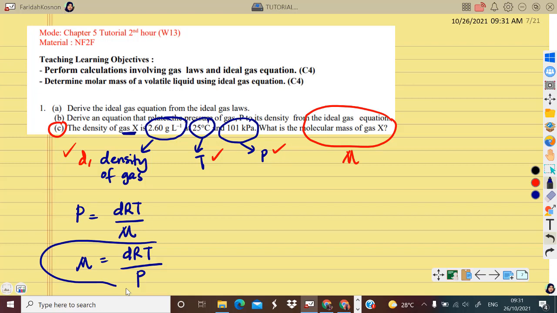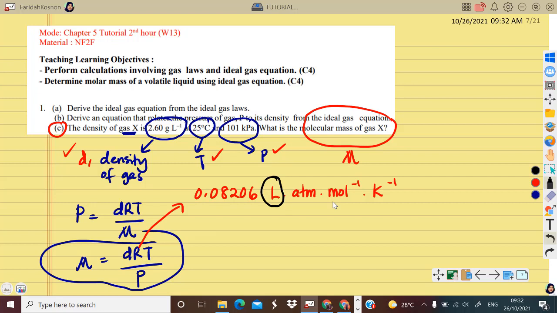Tapi sebelum kita nak kira molar mass ni, kita kena buat sesuatu. Sebab kita nak gunakan nilai R. Gas constant tu. Apa nilai R? 0.08206 liter ATM per mole per Kelvin. So kalau you tengok kat sini, tengok betul-betul liter adalah unit volume.